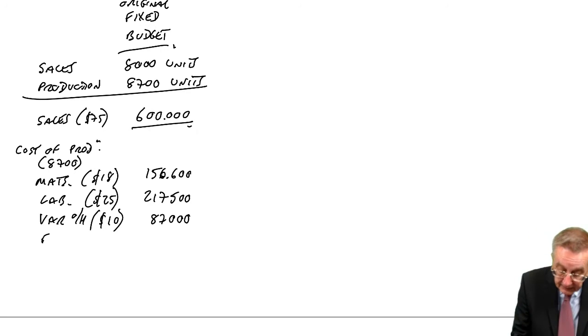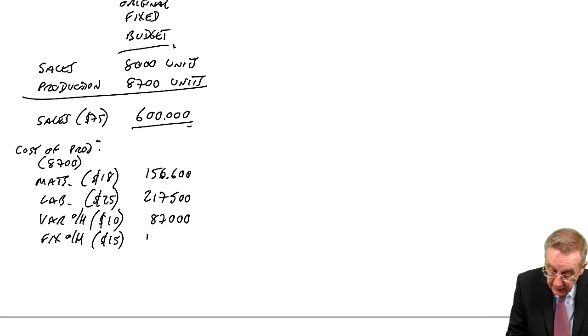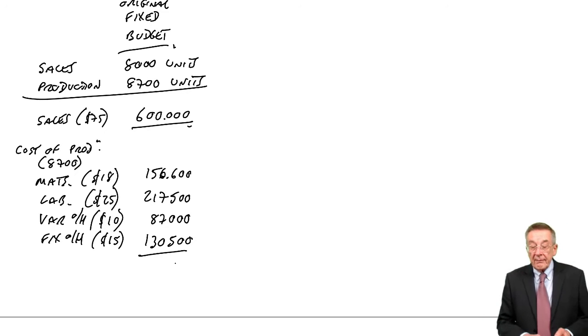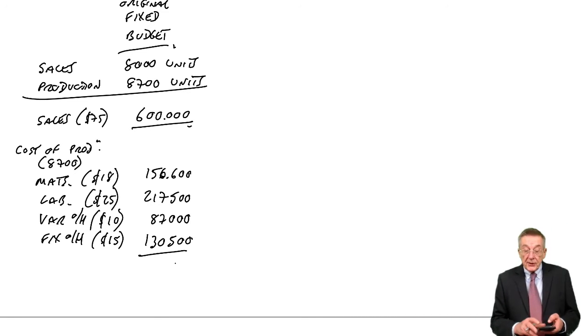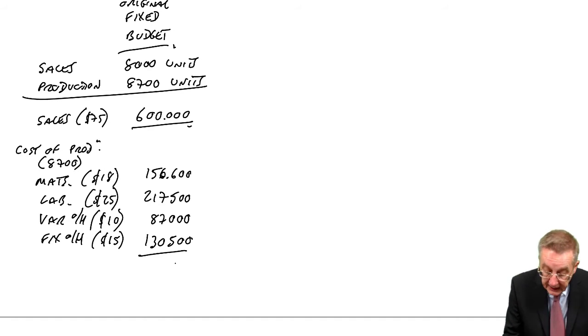And finally, remember it's absorption costing, so fixed overheads, $15 a unit. 8,700 times 15, 130,500. And so the total cost of production, 156,600 plus 217,500 plus 87,000 plus 130,500, is 591,600.